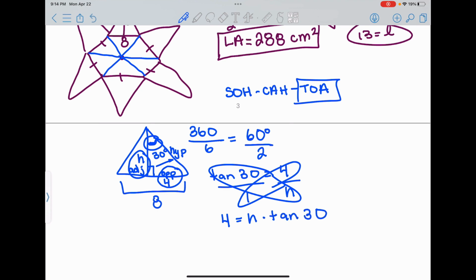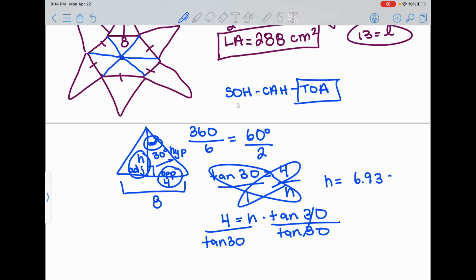And to get H by itself, I need to divide by the tangent of 30. Which gives me a height of each triangle of 6.93 centimeters.